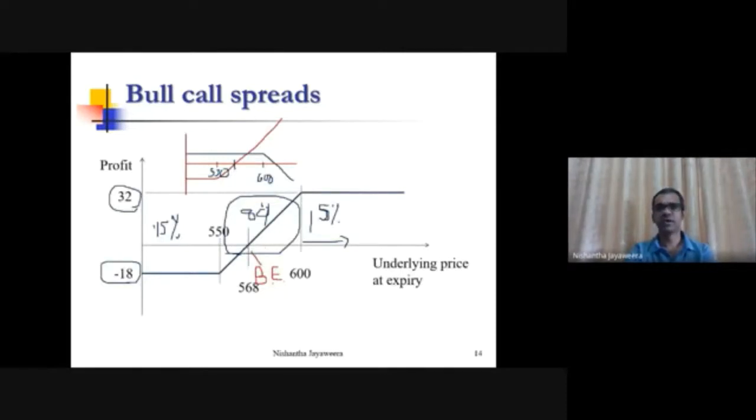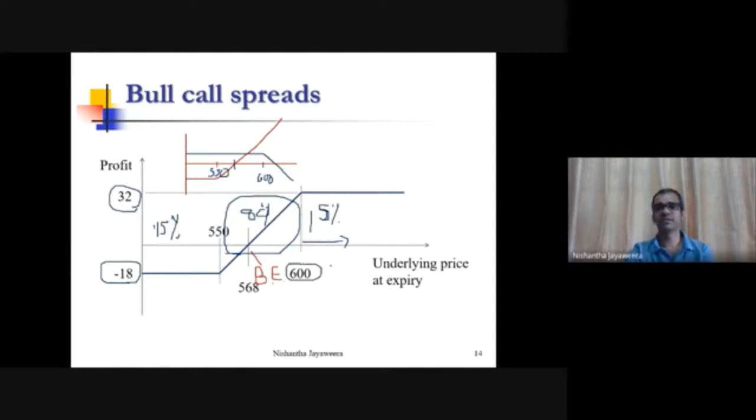But now, after 568, you're making a profit, yeah. And the high chance is it won't go beyond this. So the buyer of the call option at 600 will not exercise, but you will exercise your option, but at a lower cost. That is the idea or the intuition behind this. Is it clear?